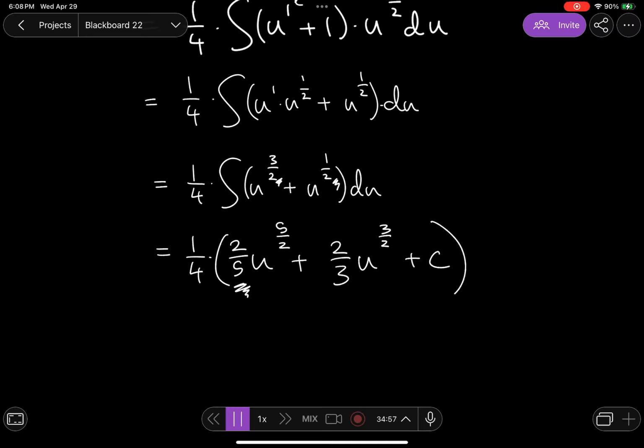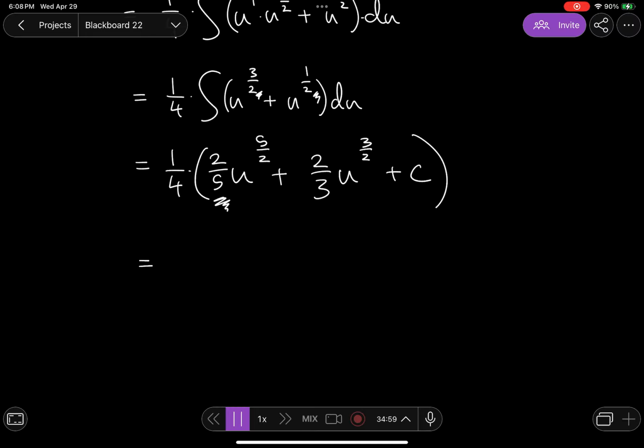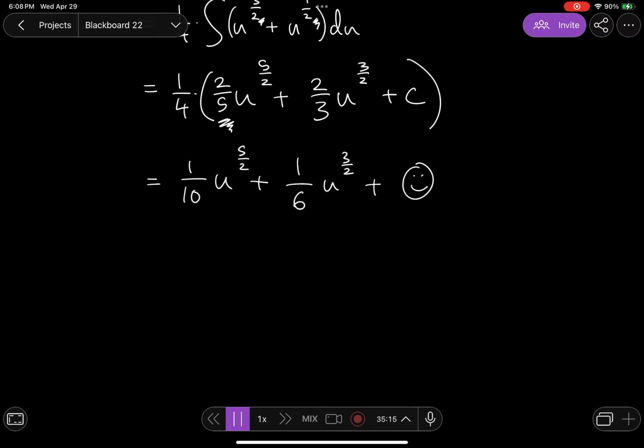Plus c. All right, that is the same thing as 1/10 u to the 5/2 plus, let's see, 1/6 u to the 3/2 plus some smiley face here. Don't care what it is. And that is the same thing as 1/10 times, I sub back in u.